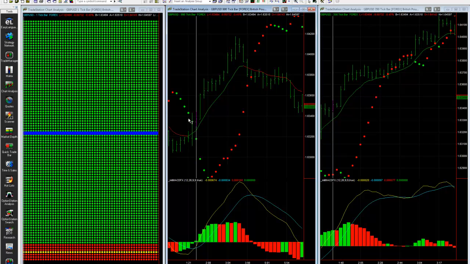So the way this would be read is this dot here on the crossover indicator says that the market on this bar would have had to move from its closing value right here all the way up to here before it crossed up.